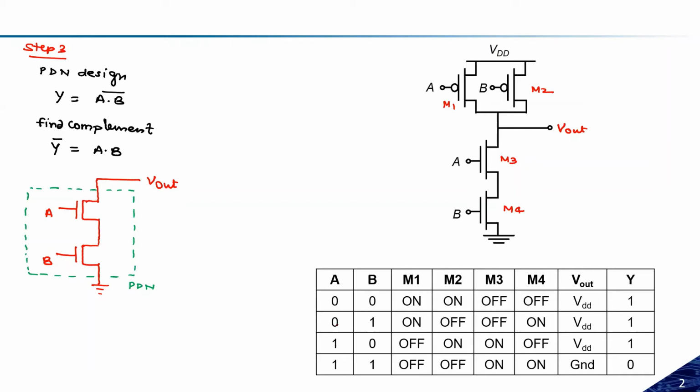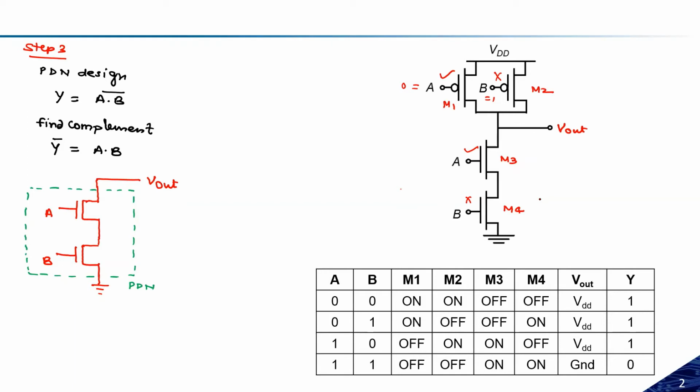Okay, similarly, let us consider another case where A is equal to 0 and B is equal to 1. So this will be in the on state, this in the off state, this in the on state, and this in the off state. If you see here, there is no direct path between V output and the ground, because transistor M4 is open circuited.